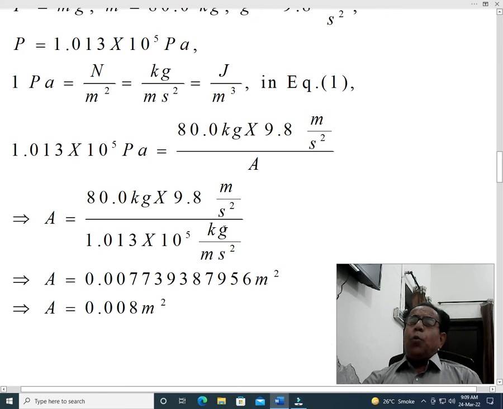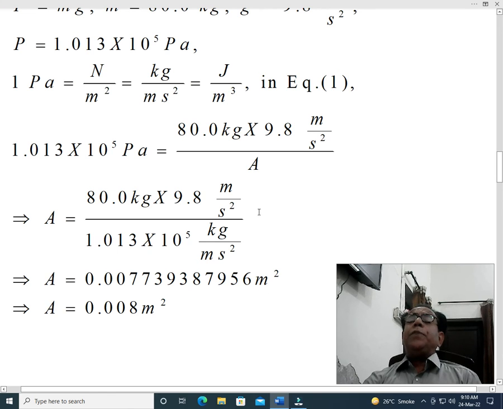Moreover, kilogram will be cancelled out with kilogram, and second square will be cancelled out with second square, because this second square will appear here on the upper side of the numerator. Our result will appear only in the form of meter square.